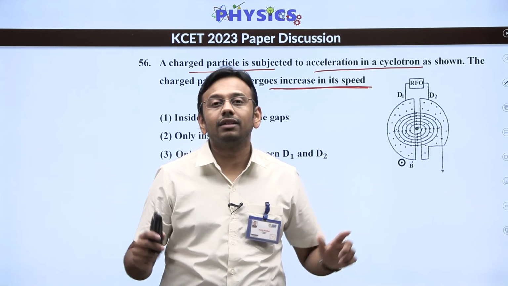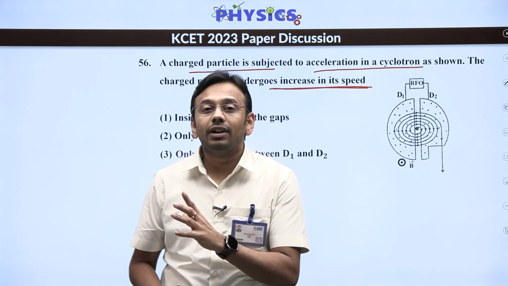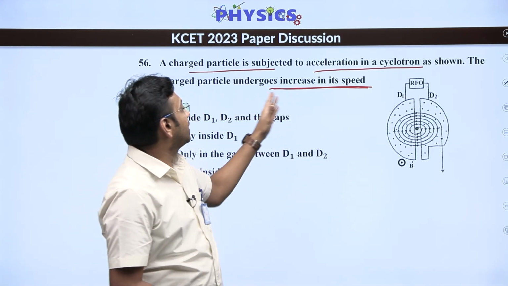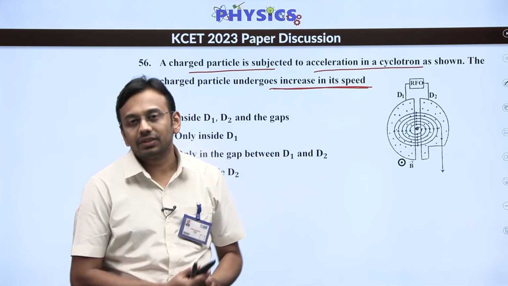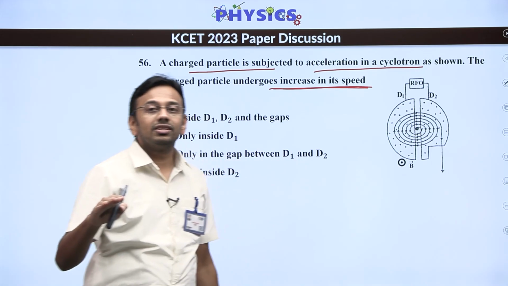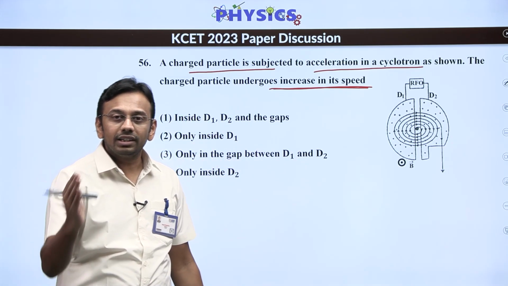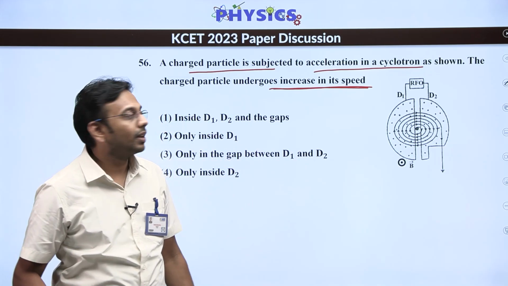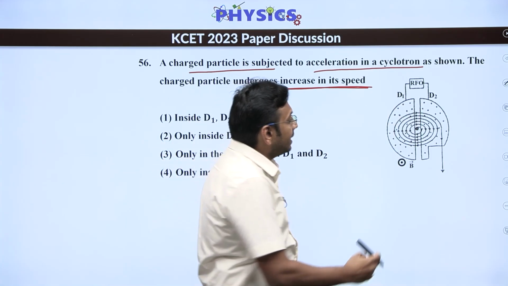If only magnetic field is present, then we know very well speed can never change. There can never be an increase in its speed. So inside the D's, there won't be any change in speed, only the direction keeps on changing. But between the D's, there is an electric field.